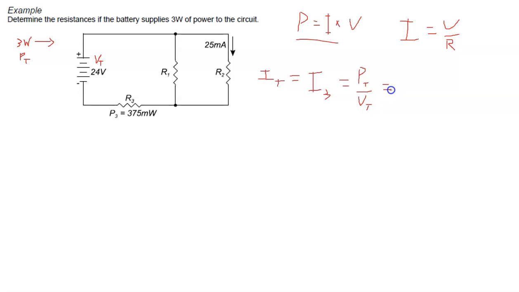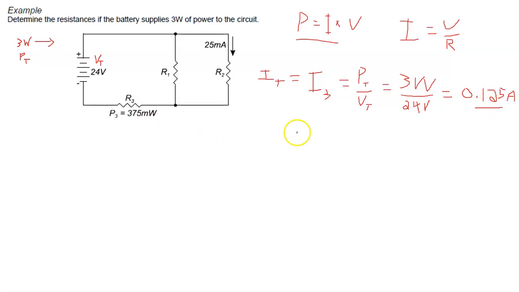And so we have 3 watts divided by 24 volts. And that means then that the total current in that circuit is 0.125 amps, or if we wish 125 milliamps.